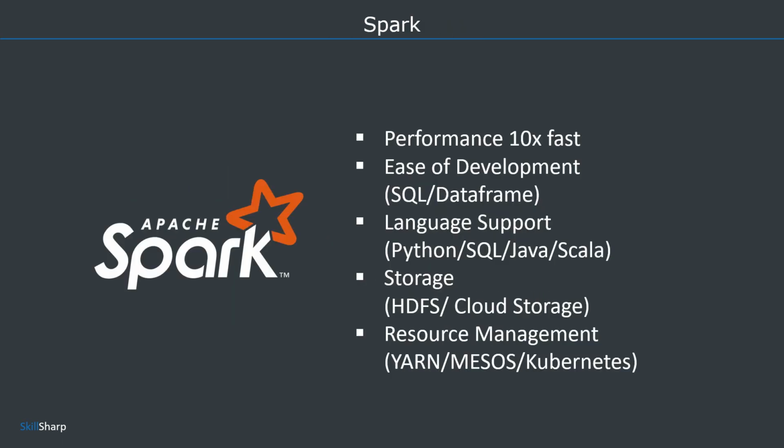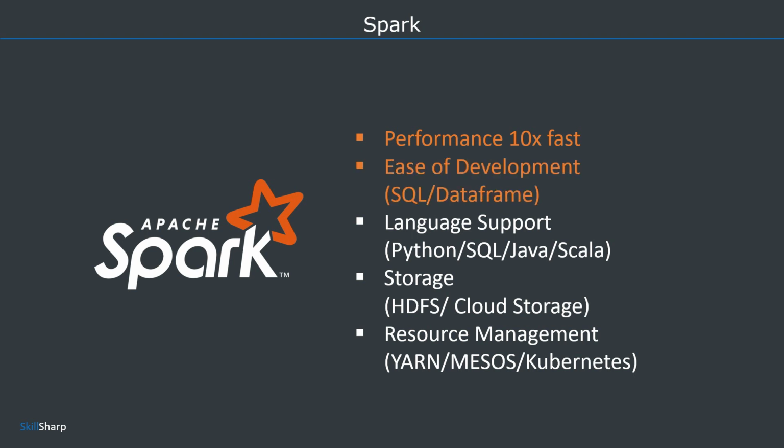So here Spark comes into the picture to solve all these problems. First, Spark is almost 10 times faster than Hadoop MapReduce at processing data. It is able to do that because Spark uses in-memory processing. We will see what in-memory processing is later in the future.